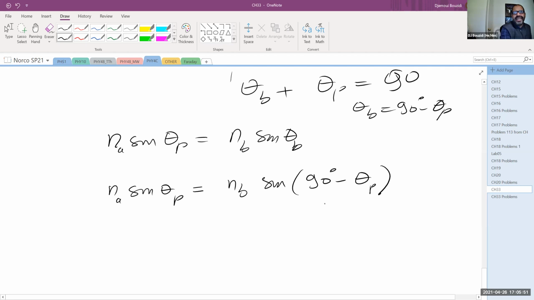And if you remember from your trig identities, this is actually a cosine of theta P.